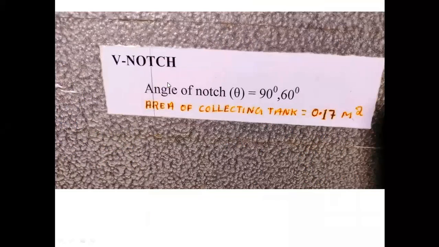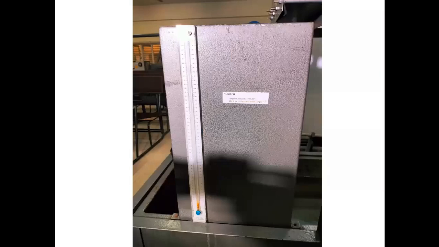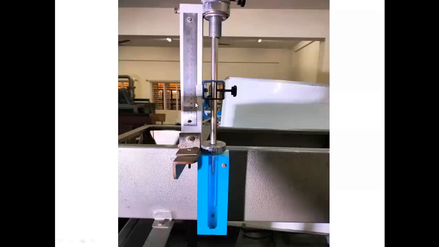This is the observation for the V-notch that is available on the panel itself. The area of the collecting tank is 0.17 meter square. Once you note that, you can easily do the calculation part. Here we can see the initial crest level is always 0.